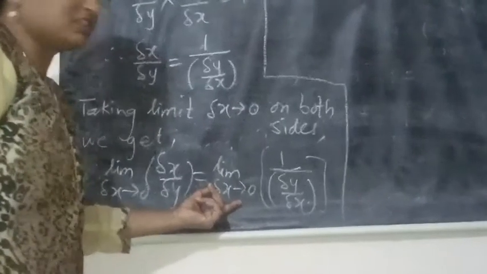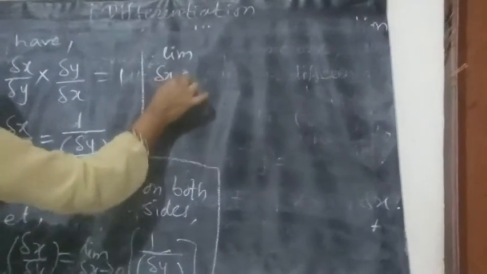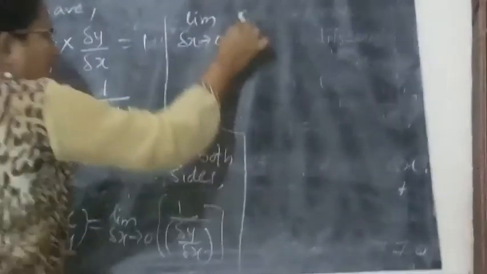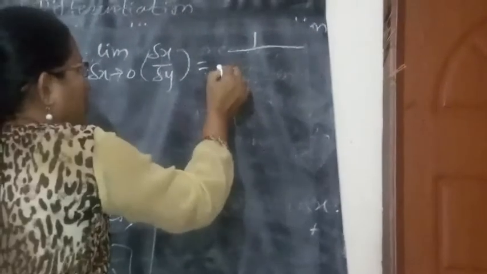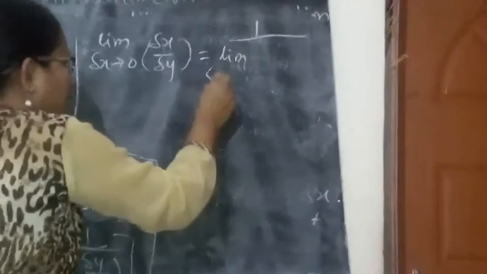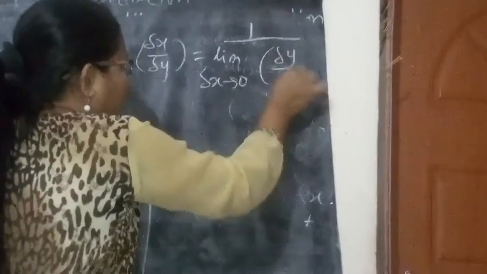Now we have to distribute this limit to the denominator. Therefore, limit delta x tends to 0, delta x upon delta y is equal to 1 upon, 1 is a constant, 1 upon limit delta x tends to 0, delta y upon delta x.